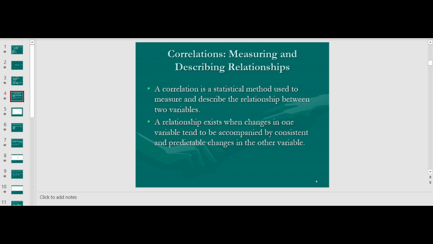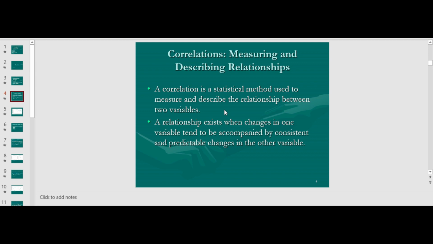We are finding the relationship between two variables, so for each individual we have scores on the two variables, one score from each variable.